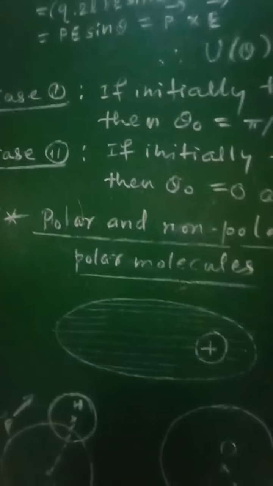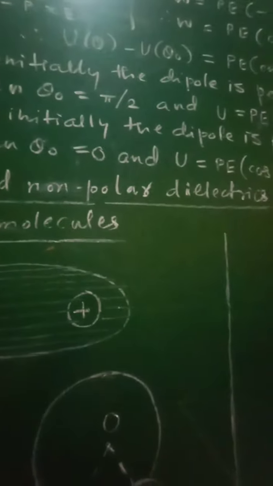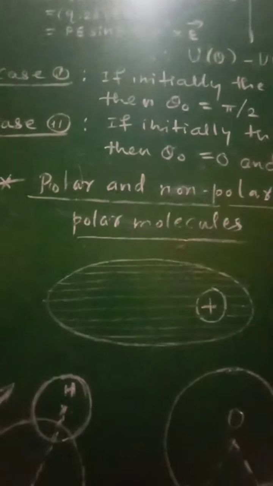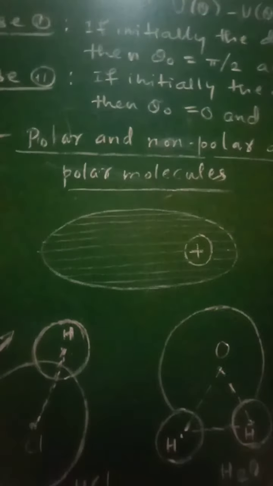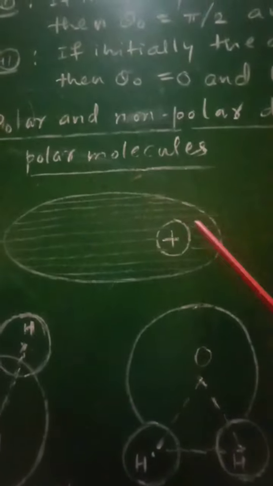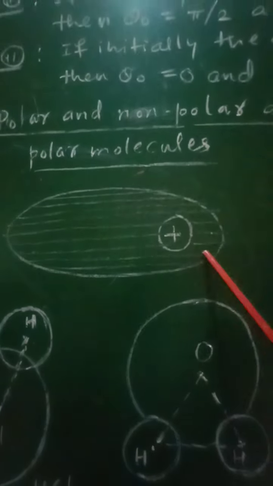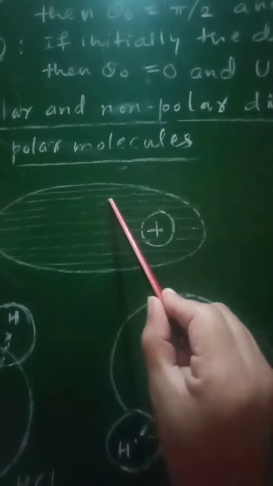Now let us consider the next point, that is polar and non-polar dielectrics. What are the polar molecules and what are the non-polar molecules? Let us consider first the polar molecules. So for simplicity here, one molecule is shown consisting of positive charge and negative charge.